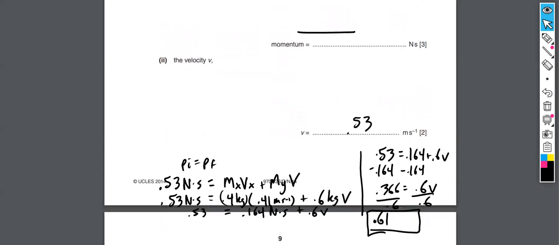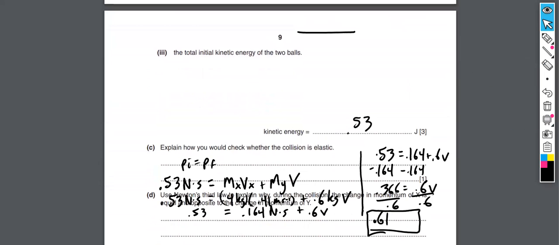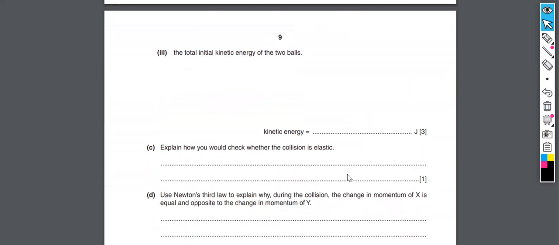I think the question paper goes on to ask us, what's the total initial kinetic energy of the two balls? But this idea right here, we'll get back to that. It's good to see, if we subtract instead of adding, why was that incorrect here?